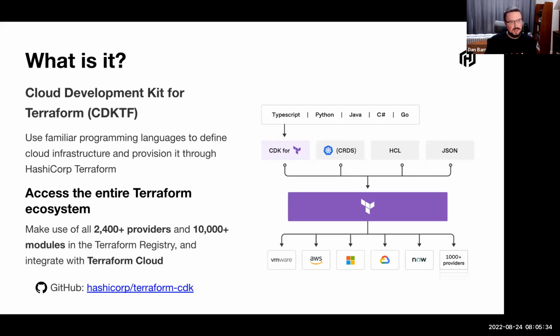By providing more choice, we can enable more teams to adopt this infrastructure as code workflow. CDKTF is an open source project, so you can find it on GitHub. You can see the code, open issues and feature requests there, as well as see what's being worked on by the engineering team.